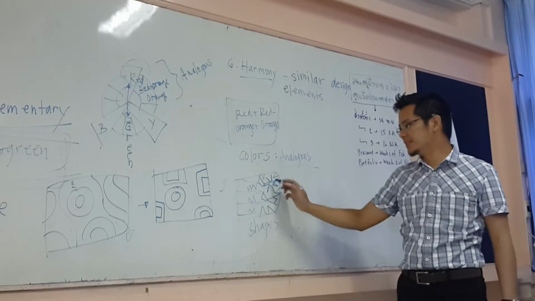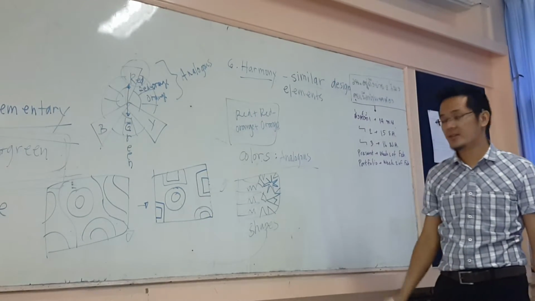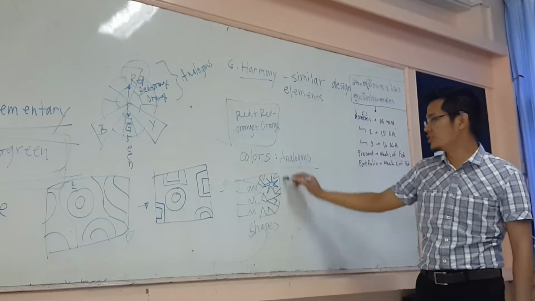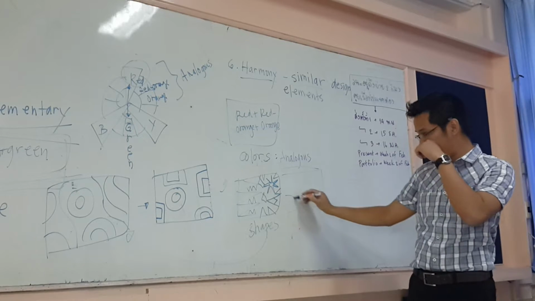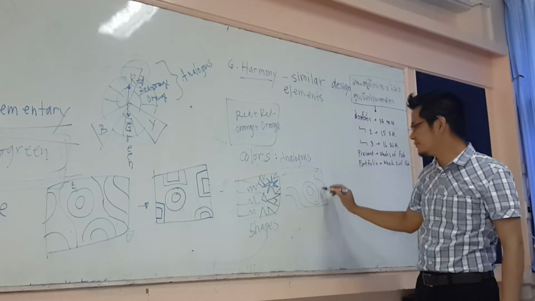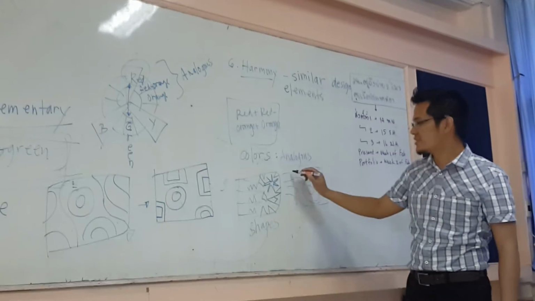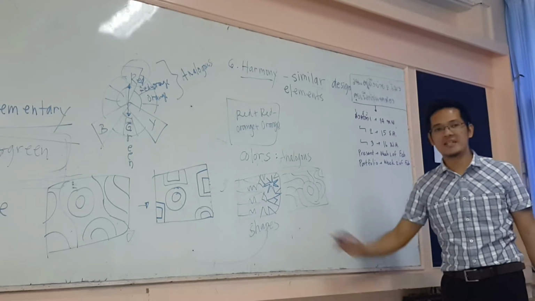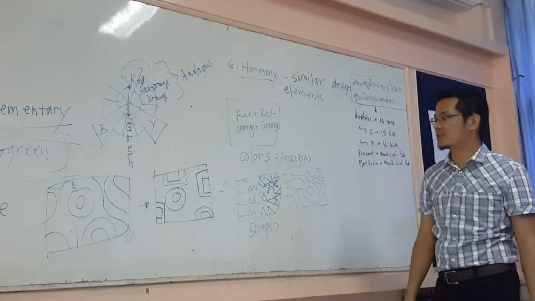The diamond, the star, triangles. The shapes are similar. You can also do the first example that I gave you using curved lines. So we create harmony by using similar shapes.